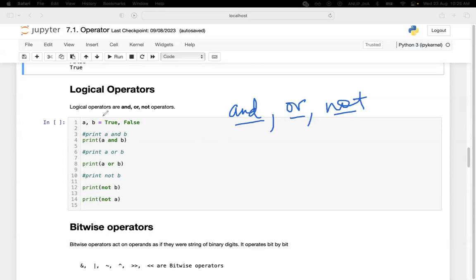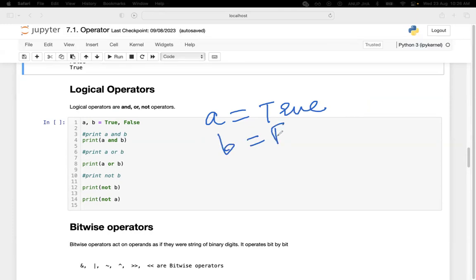I have assigned first a value true to A and another value false to B. A is equal to true and B is equal to false. So I assigned true to variable A and false to variable B. This is called assignment operator.